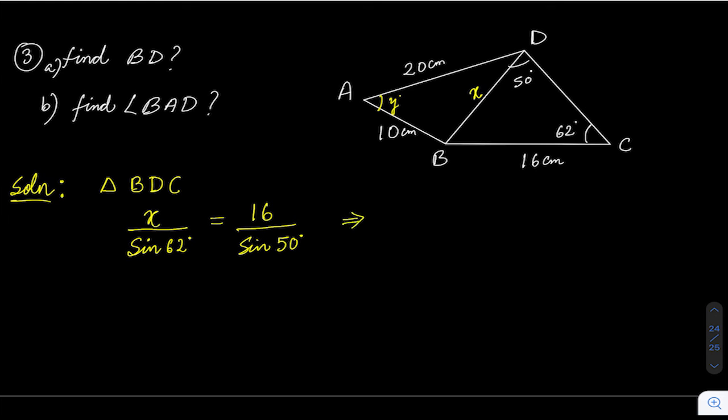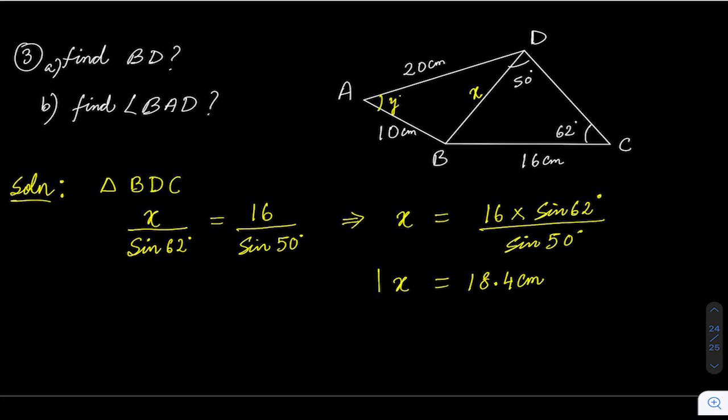So from this, I can find my X value. Very good. So this is coming out to be 16 times sine of 62 degrees divided by sine of 50 degrees. So my X value is coming out to be 18.4 up to 3 significant figures. So this is my answer for X, that is side BD.